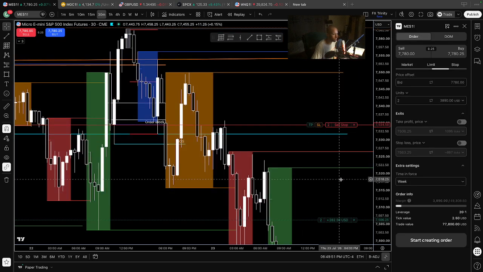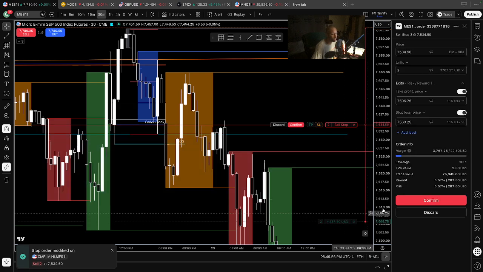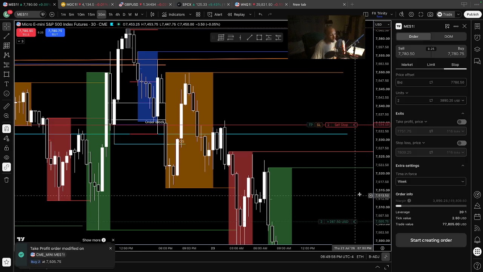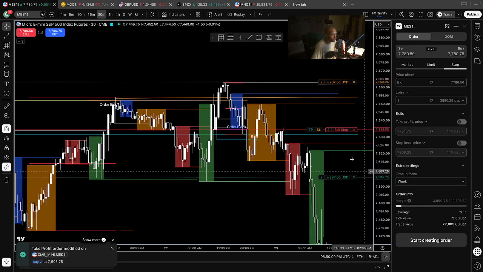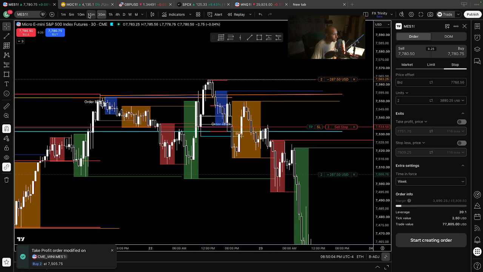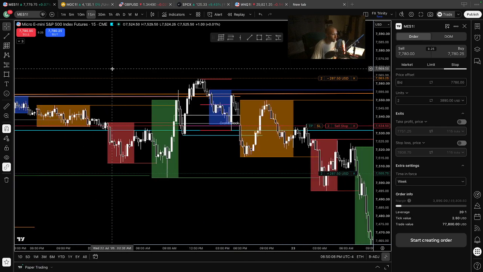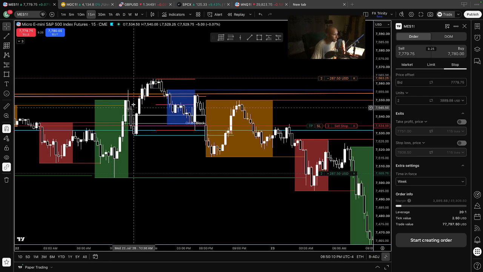This is right. Alright, so we got our 1-to-1 off the table, fortunately. There's better structure. And to be real, this is also nice structure right here too.